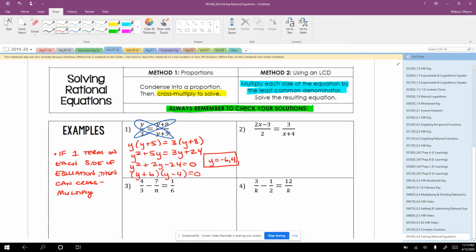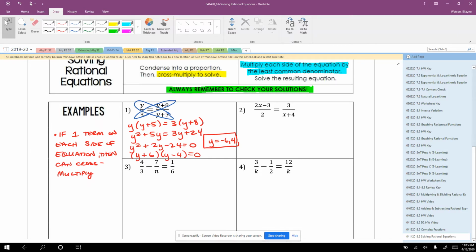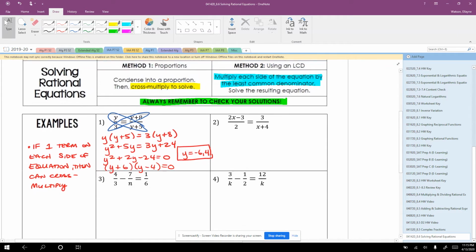When you're checking solutions, what you're looking for is to make sure that neither of the solutions would be a restriction. Okay, so if you want to write a little note here, make sure solutions are not restrictions.